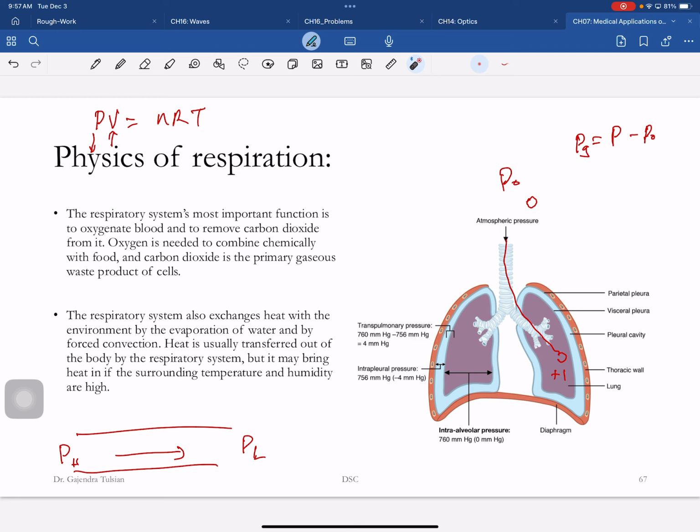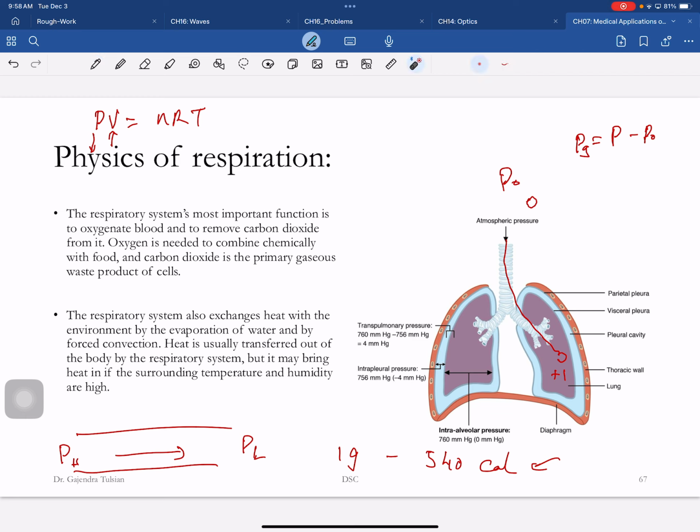Every time 1 gram of moisture is lost, you're sending out 540 calories of heat. Just like when 1 gram of sweat evaporates, you lose 540 calories of heat, when moisture escapes with the breath you take out, you're sending out that much heat.